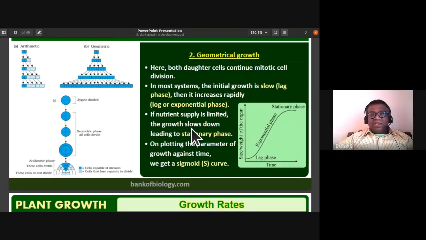When we plot growth against time, we get a sigmoid curve, seen in geometrical growth.